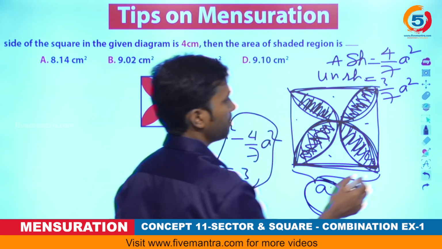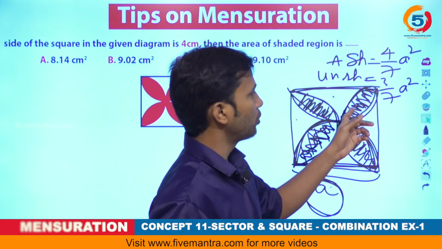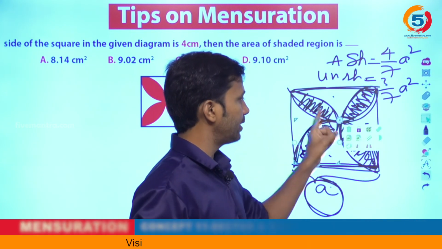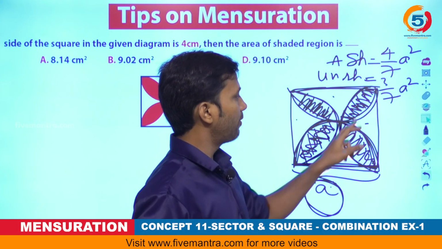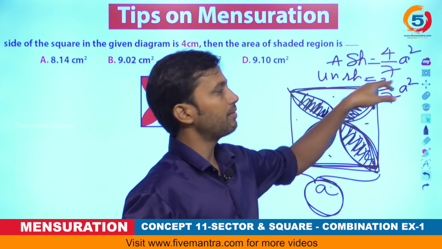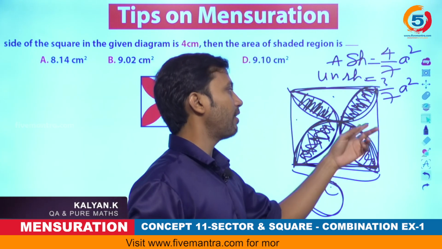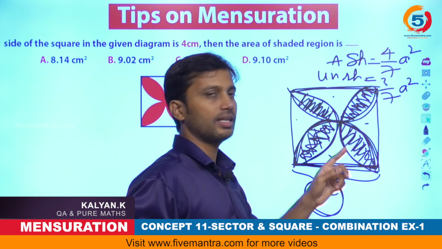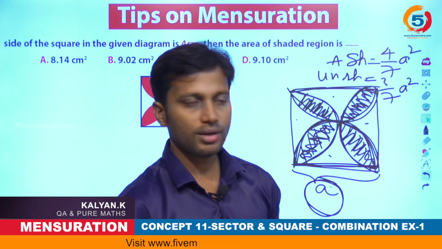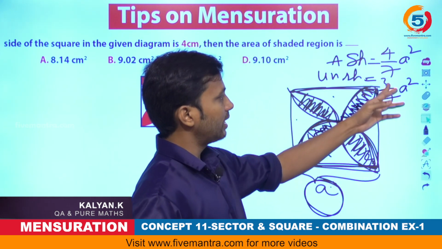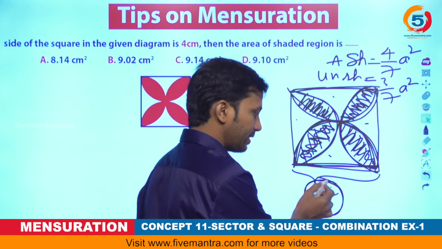So this we should remember. This flower part is 4 by 7 A square, and other than the flower part, the 4 white colored regions are 3 by 7 A square, where A is a side.